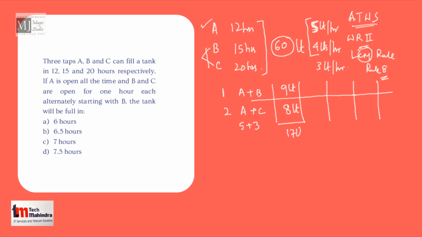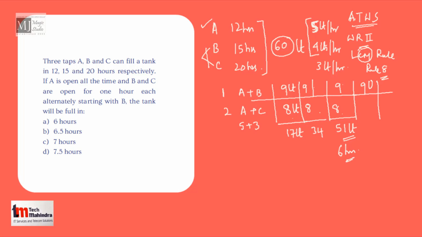Total 17 liters of water is there in the tank after 2 hours. Again 9 liters pumped in, again 8 liters pumped in, 17, 17, 34. Then again 9 liters and 8 liters pumped in, 17, 34, and 34 plus 17 is 51. We have 51 liters of water in the tank by the end of 1, 2, 3, 4, 5, 6 hours.